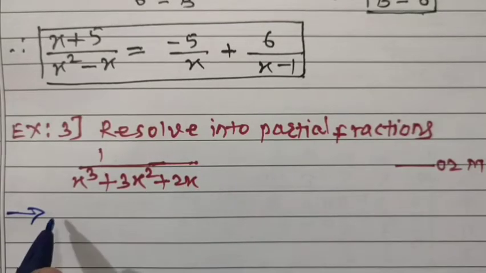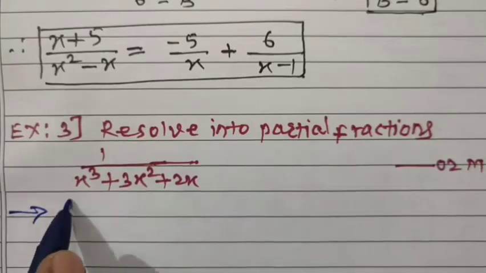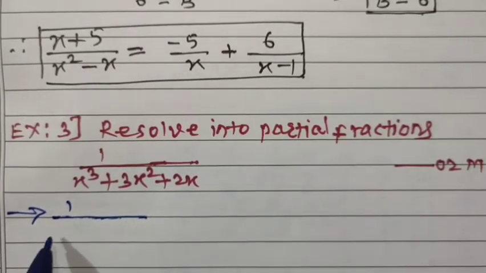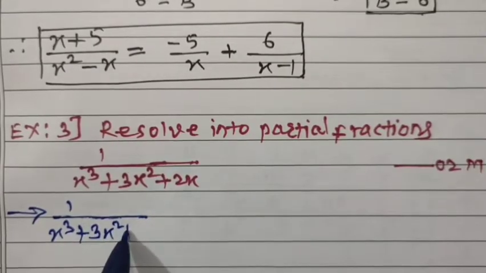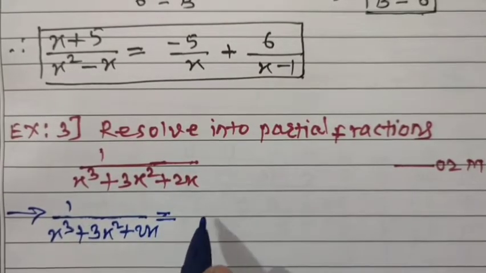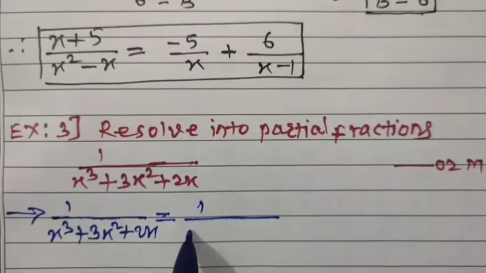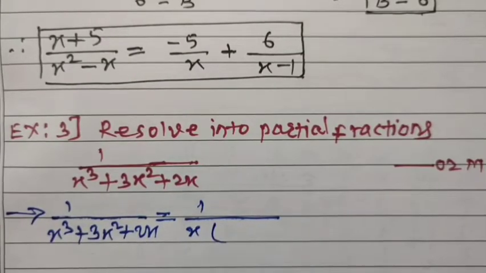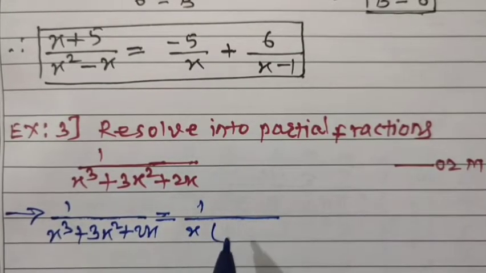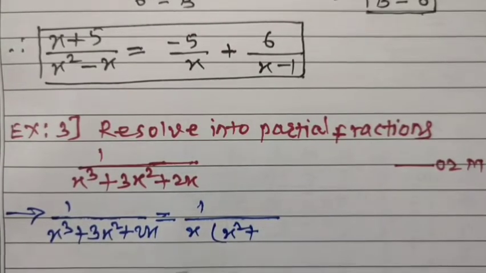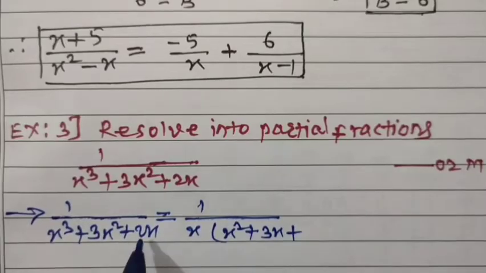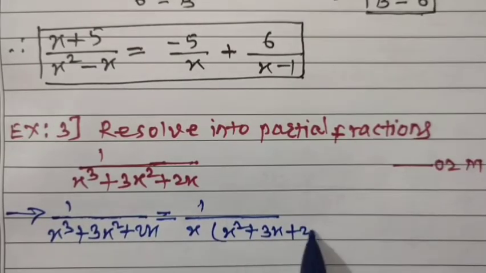So the given rational function we can write as 1 upon x cube plus 3x square plus 2x, and now we are taking x common from each term, then in the bracket remains x cube divided by x, that is x square, plus 3x square divided by x, 3x, plus 2x divided by x, 2.